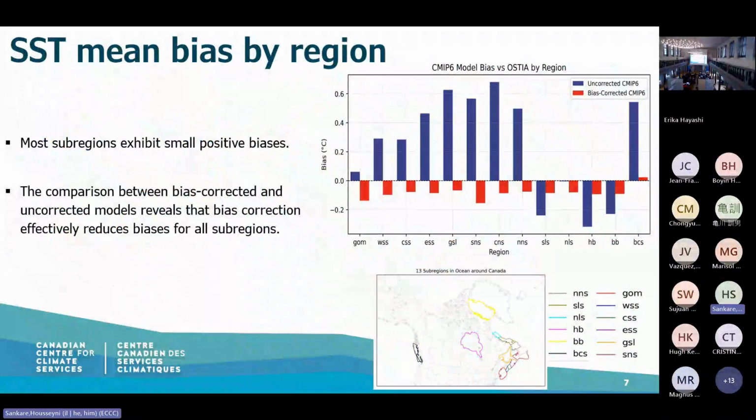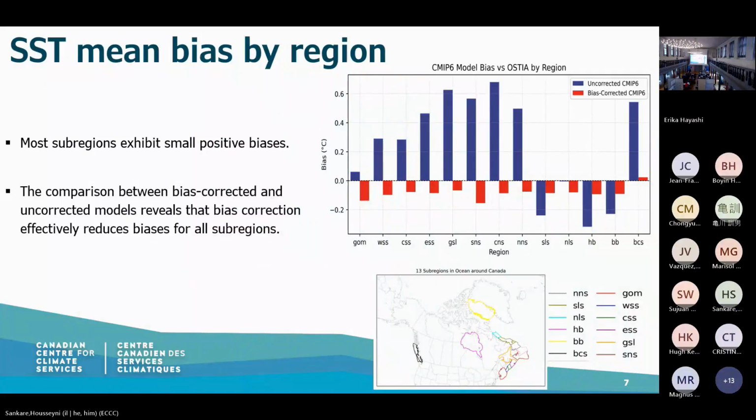This histogram presents the mean SST bias of the CMIP6 model output relative to OSIA for the historical period. The analysis is based on the median of all 28 CMIP6 models, for 13 ocean subregions around Canada, shown in the map below.